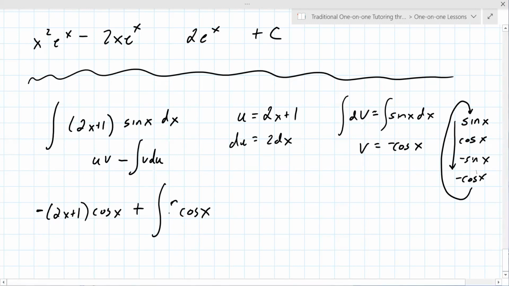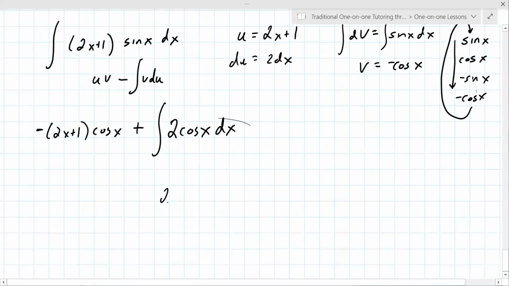All right, so then that's dx. And notice here that this is not an integration by parts anymore. It's just a straight find the antiderivative of cosine. The antiderivative of cosine is sine, sine plus c.